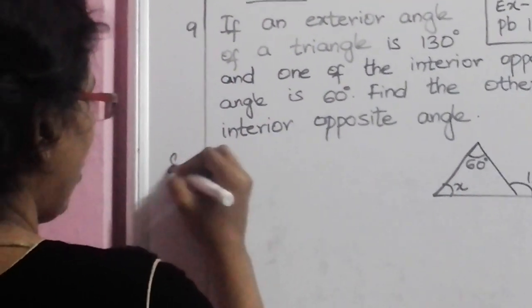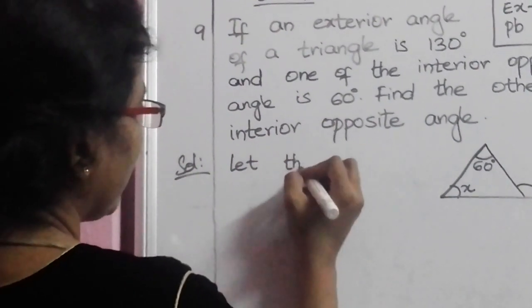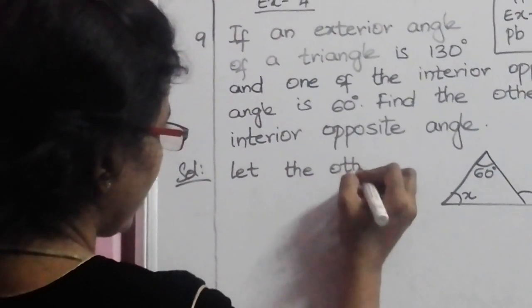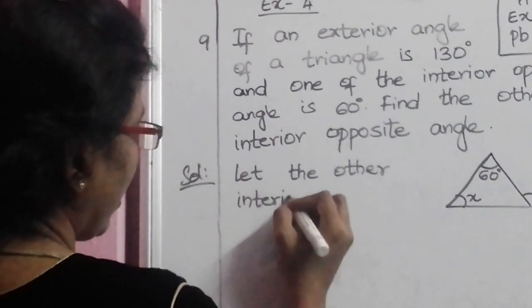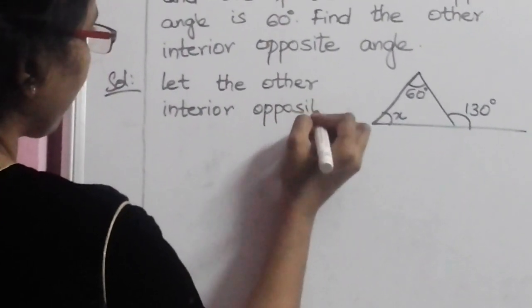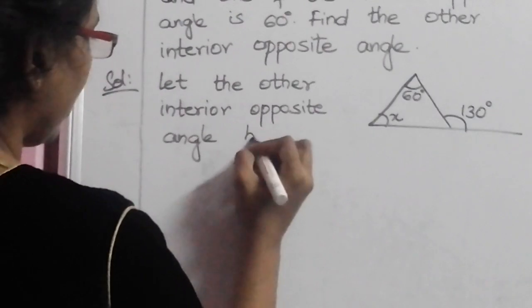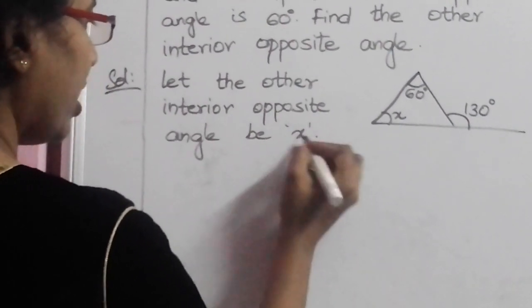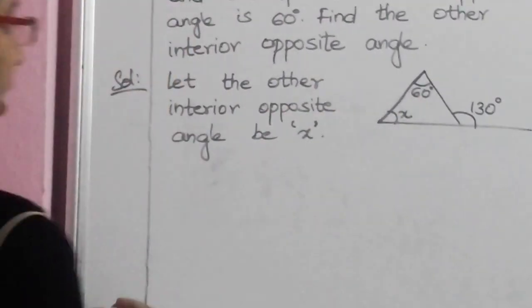So solution: let the other interior opposite angle be x. You can take any variable. Previously I have told you can take anything. I have taken x.